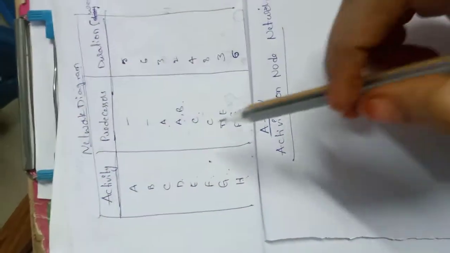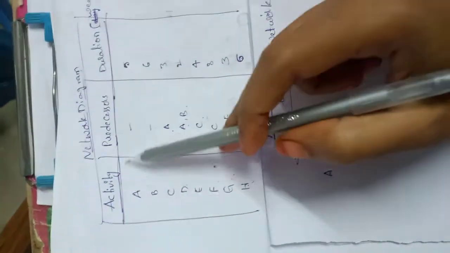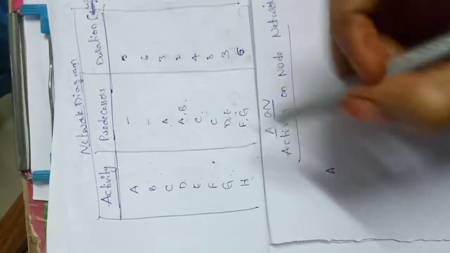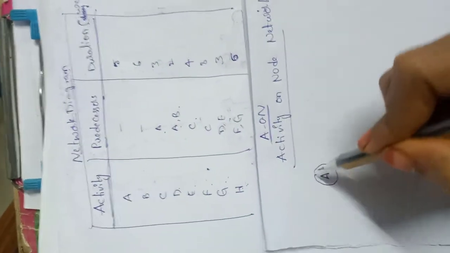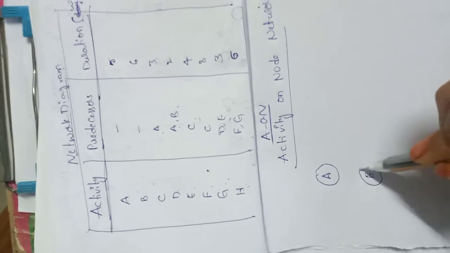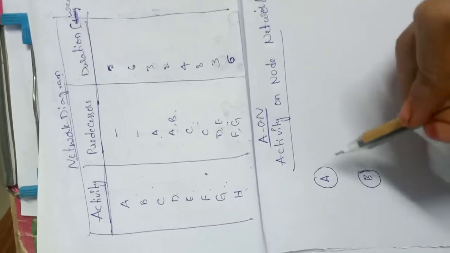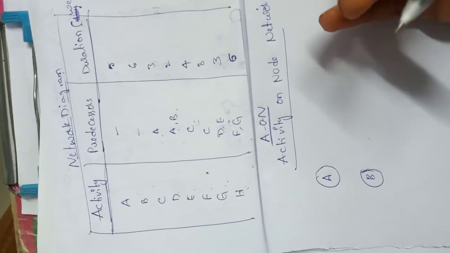Okay, first our activity should be on circles. This A and B will be starting at one point only, so I'll be using nodes to represent the activities on node, and from here our actual network diagram will start.